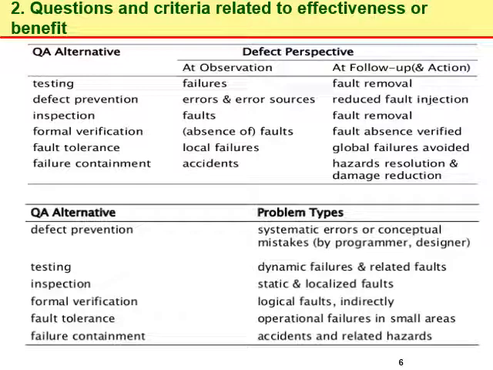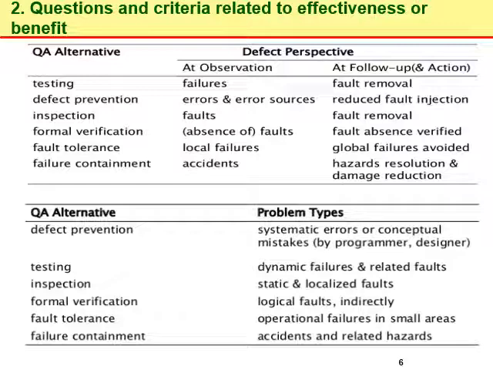Similarly, during inspection, as we can see, faults are observed, and the follow-up actions include the fault removal. A detailed comparison of different quality assurance techniques from the perspective of their ability to deal with the various defects is given in the figure at the top.